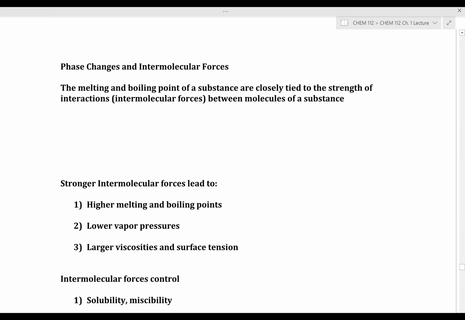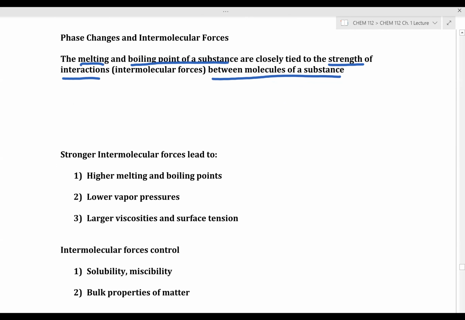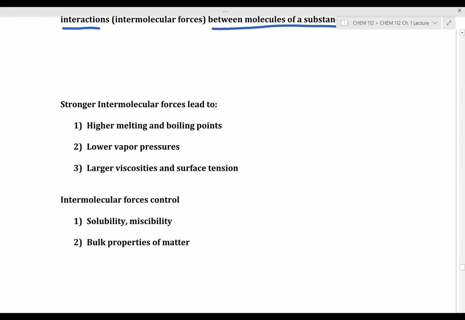The melting and boiling point of a substance are closely tied to the strength of interactions between molecules, okay? So melting point and boiling point can give us some insight into the relative strength of different intermolecular forces.